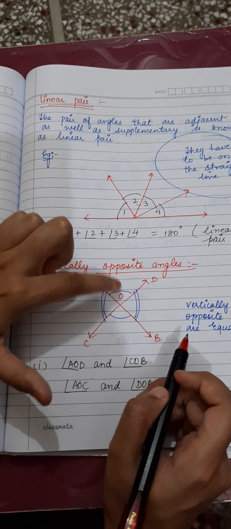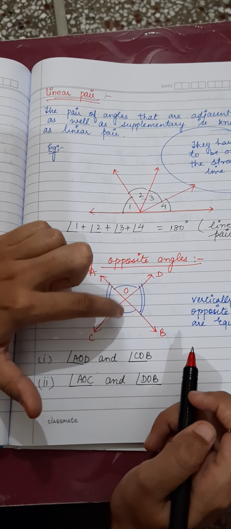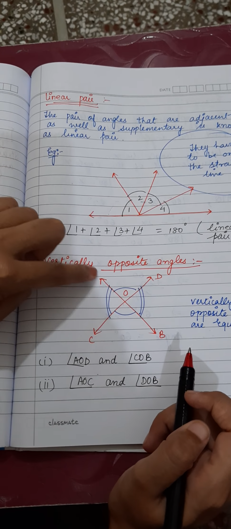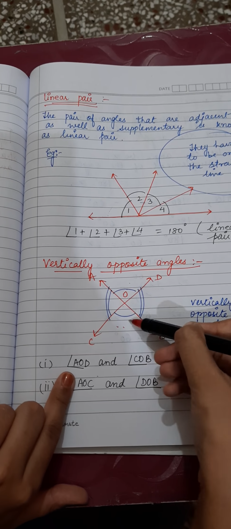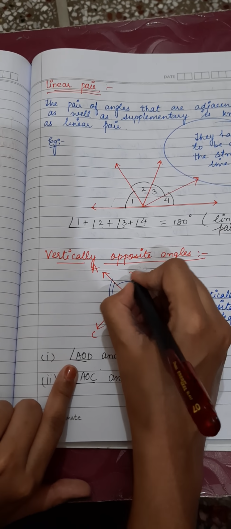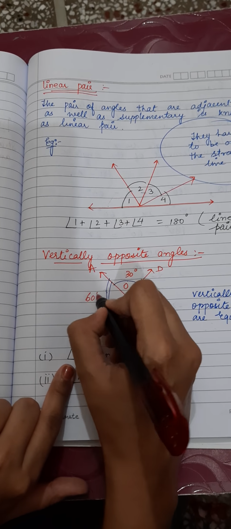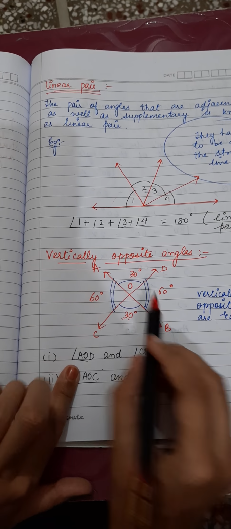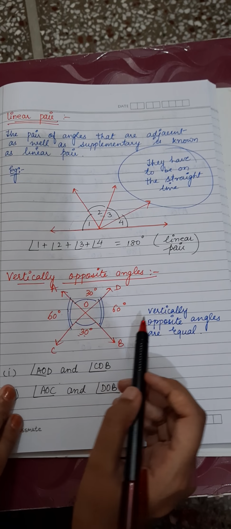Since they are both vertical to each other, I can say that they both are vertically opposite pairs. AOD, COB, opposite angles, and opposite angles are always equal. If this is 30 degree, then this is also going to be 30 degree. If this is 60 degree, this will also be 60 degree. Vertically opposite angles, the angles which are opposite to each other, are going to be equal.